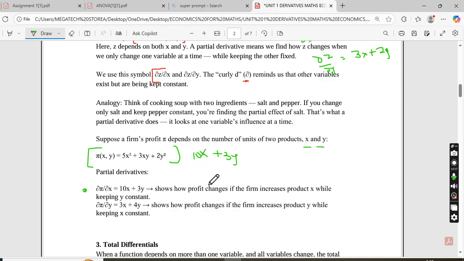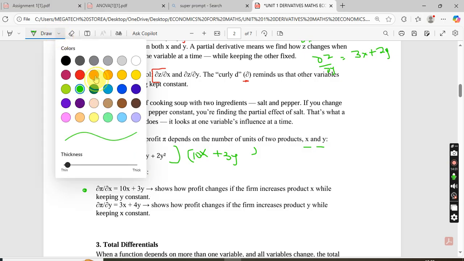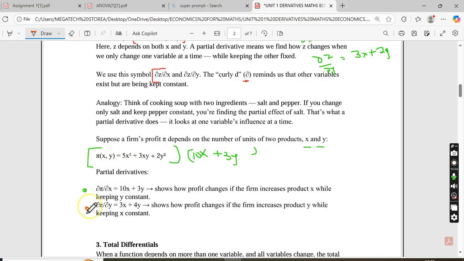So this is going to tell us how profit changes if we increase or decrease product x while y is constant. And if we get the partial derivative with respect to y, it's telling us how the profit changes if we increase product y while keeping x constant.